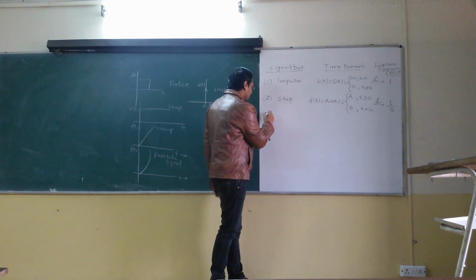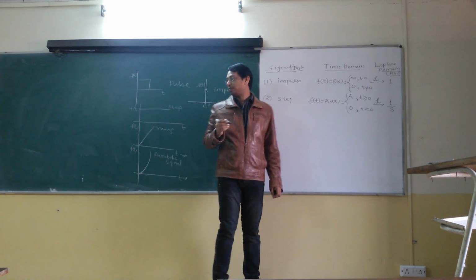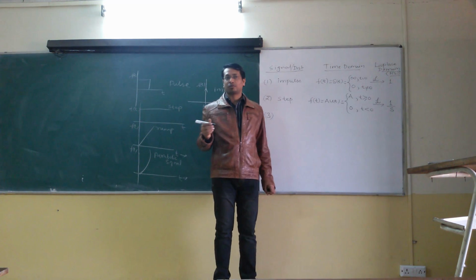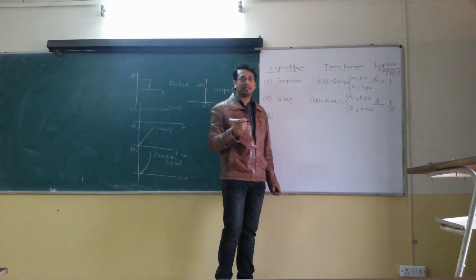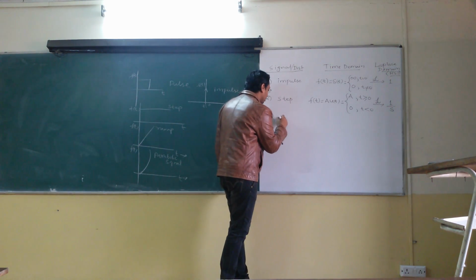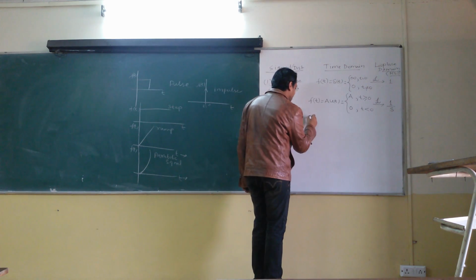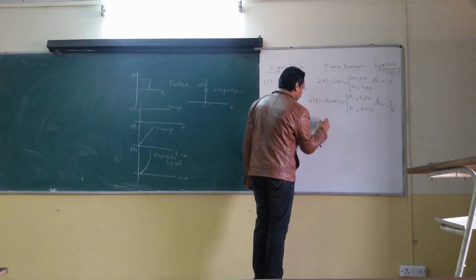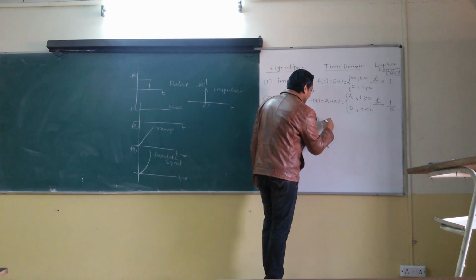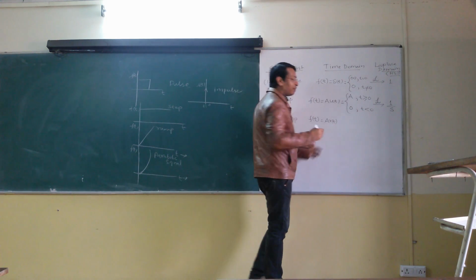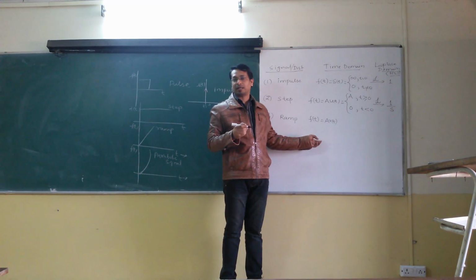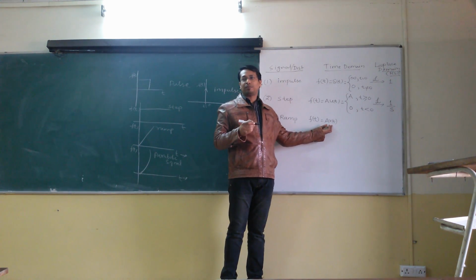Now, coming towards the third type of disturbance, that is the constantly increasing type of disturbance, which is your ramp. Here we are going to represent it as f(t) equal to A r(t). r(t) we have reserved for input, but in literature they also represent the ramp type of disturbance or signal with r(t).